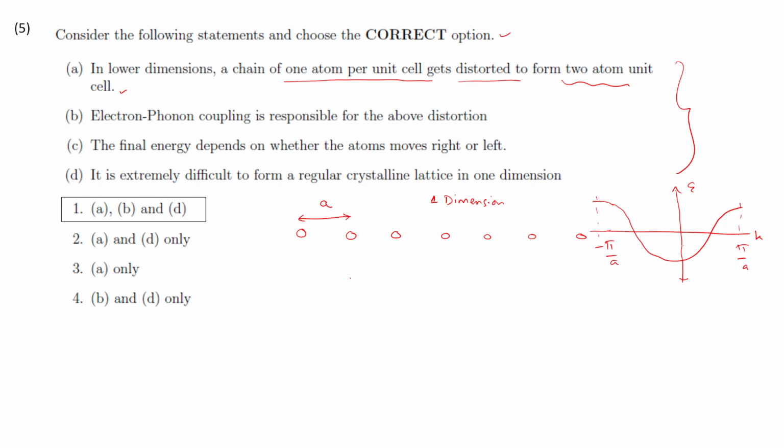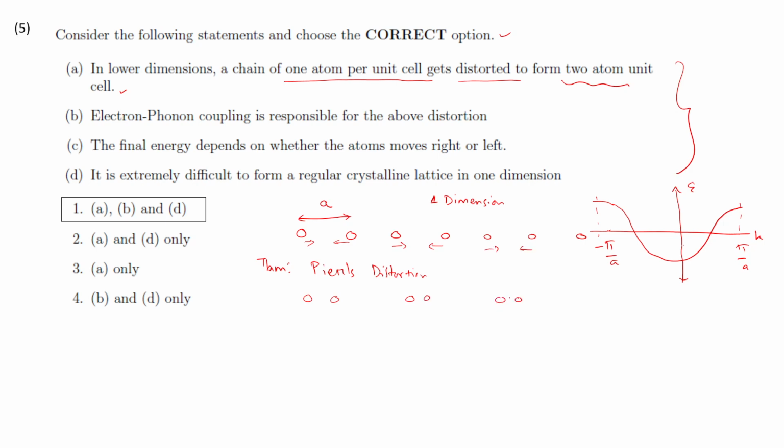Usually what happens is, there is this theorem called Peierls distortion theorem. What it says is that this particular configuration is unstable, and what is more energetically favorable is if these come together. So these two will come together, these two will come together.